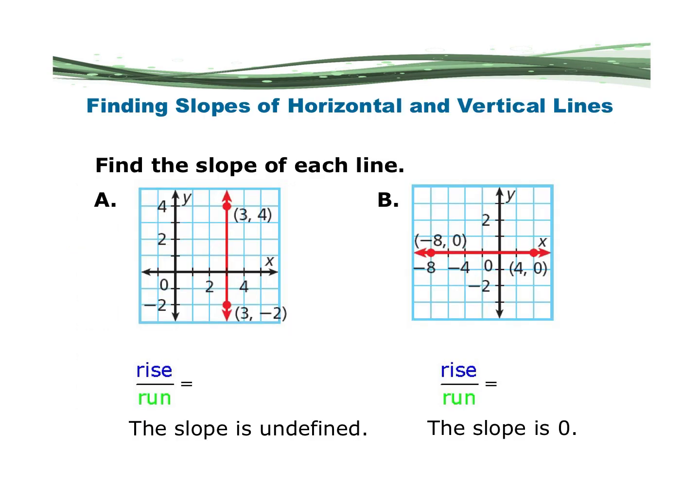So to find the slope of the horizontal and vertical lines, it's a little bit different. It's still the rise over run, so the change in y over the change in x. Now, in a vertical line, we can go up 1, 2, 3, 4, 5, 6. And you guys notice there's no change in the x, right?